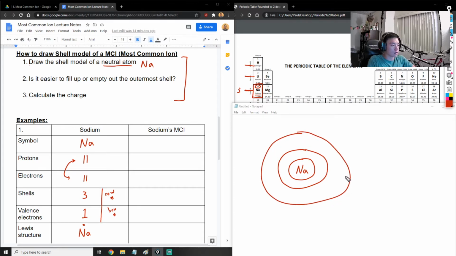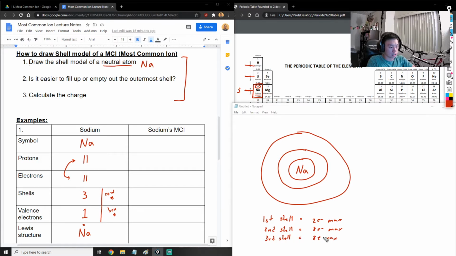Okay, we said earlier that it has 11 protons and 11 electrons. We also said earlier that the first shell can hold 2 electrons max. The second shell can hold 8 electrons max. And we said that the third shell can hold 8 electrons max.